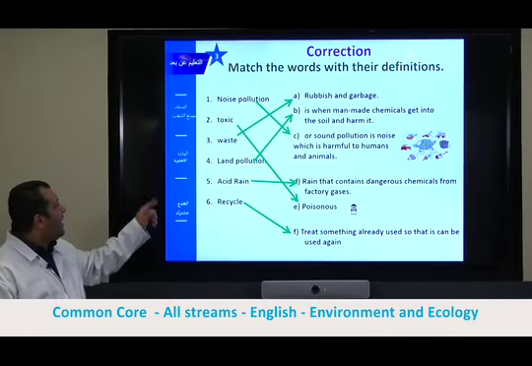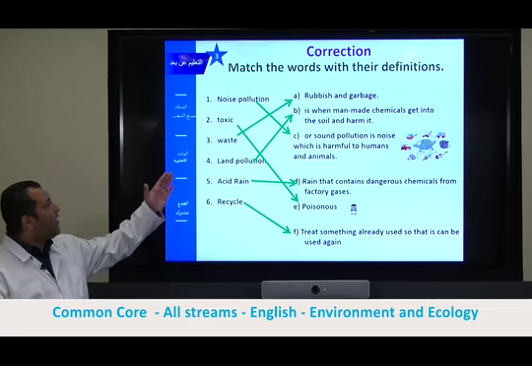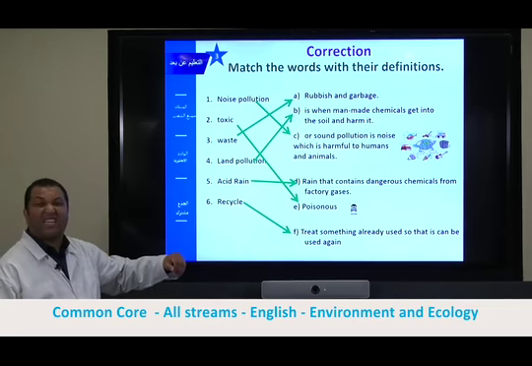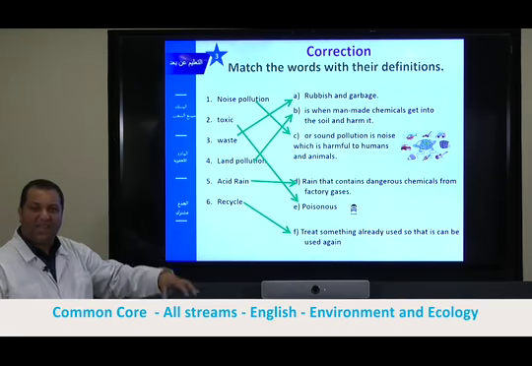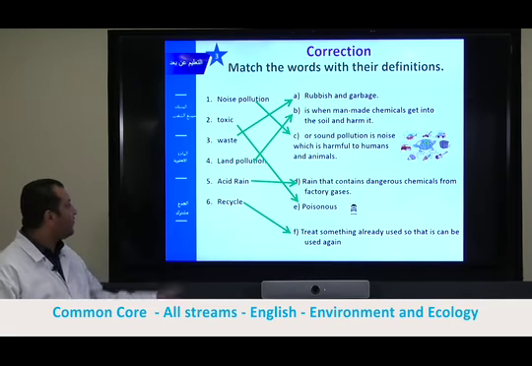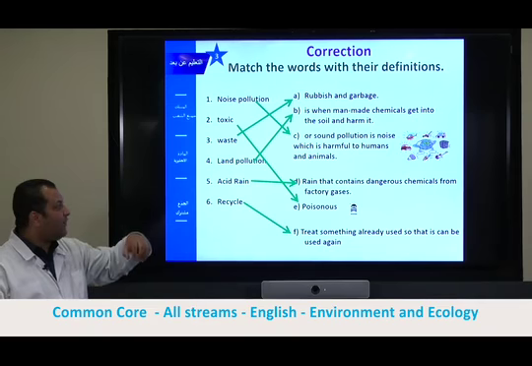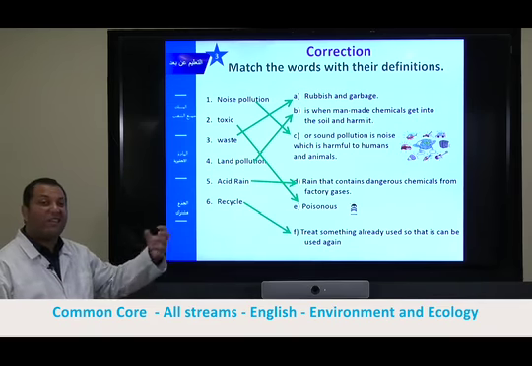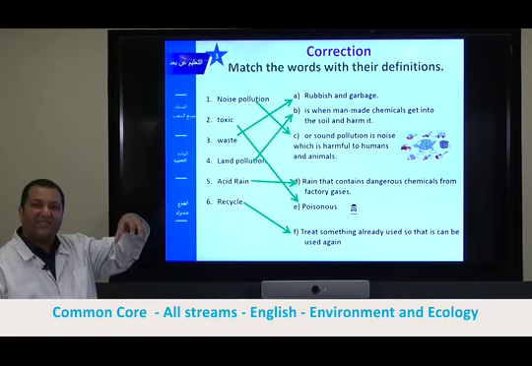And land pollution, we are talking about when man-made chemicals get into the soil and harm it. Acid rain, it's the rain that contains dangerous chemicals from factory gases.